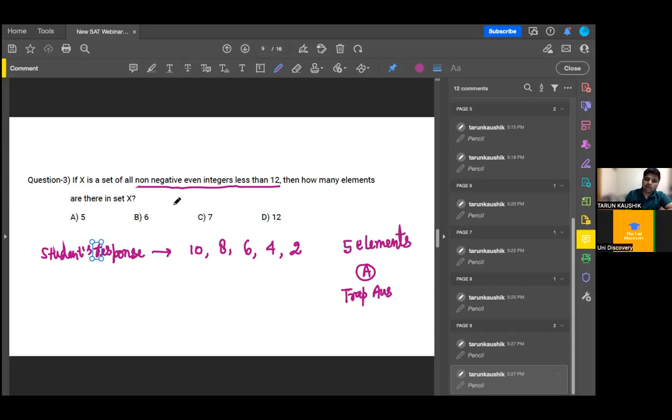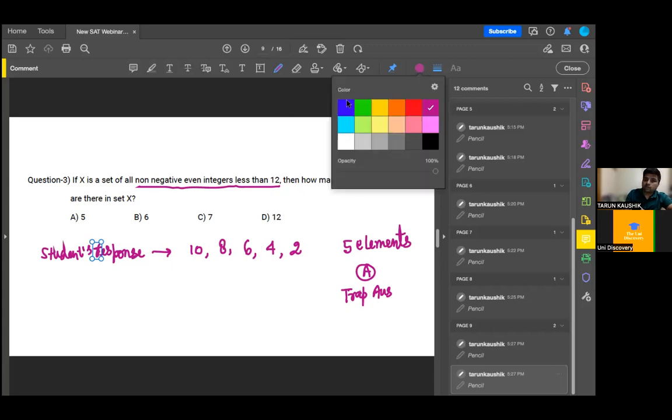Now let's understand why A is not the correct answer. I have seen in my classes a few students asking why A is not correct, since we have counted all the elements. Are you saying that I have to count 12? No. The only thing I need to focus on is the English written in the question.